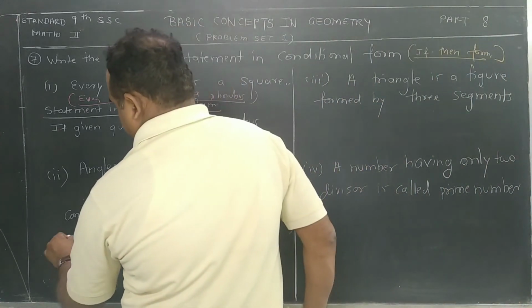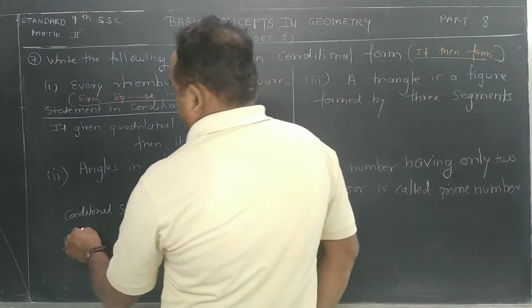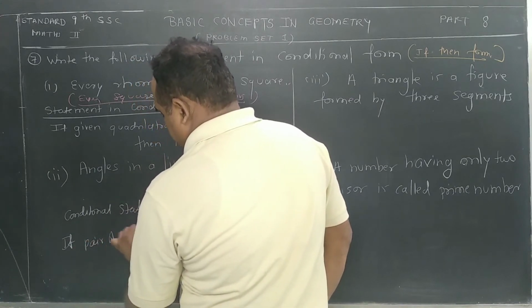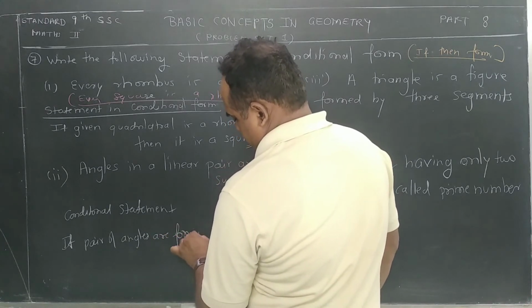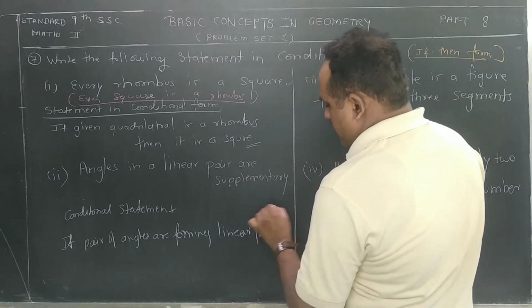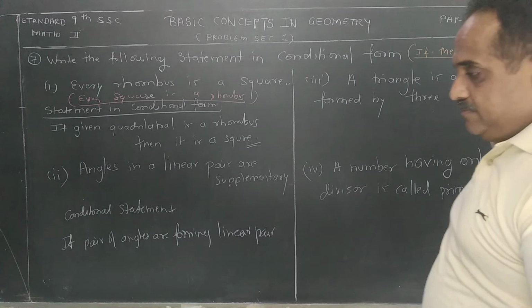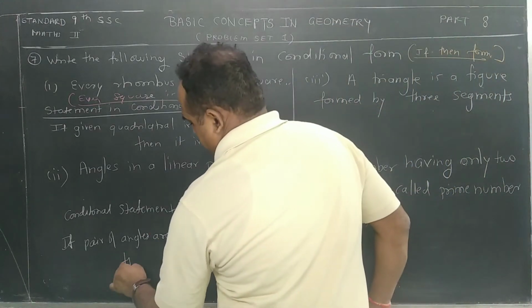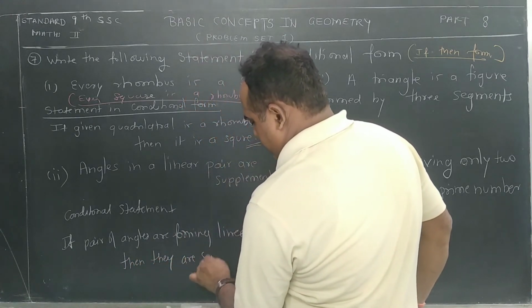If a pair of angles are forming a linear pair, these pairs are forming what? Linear pair. Then they are supplementary.